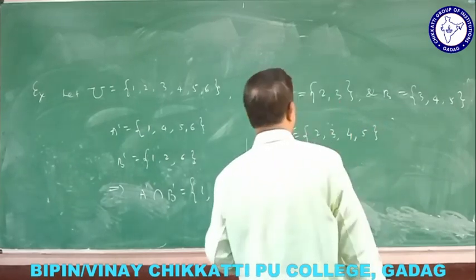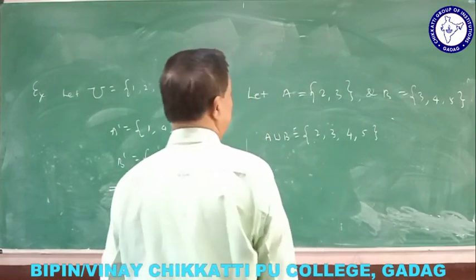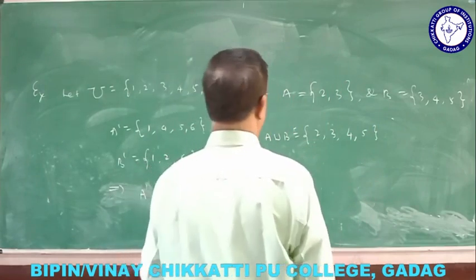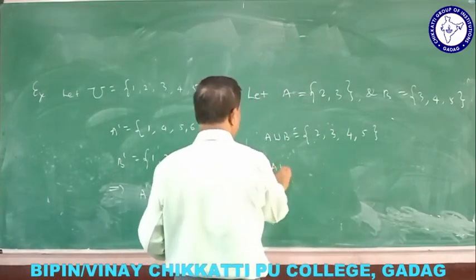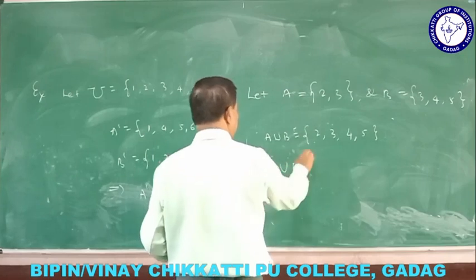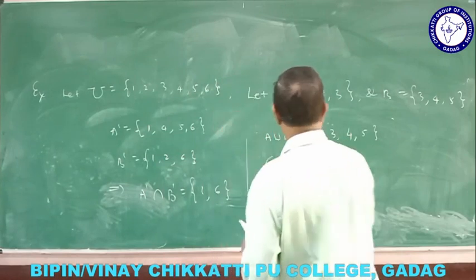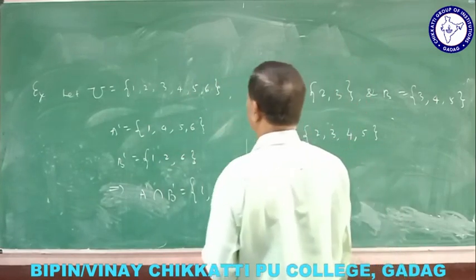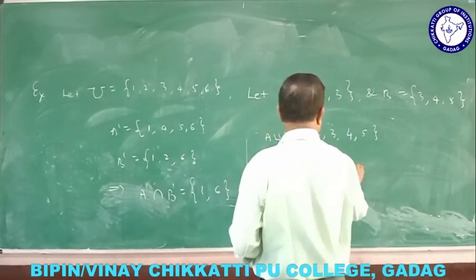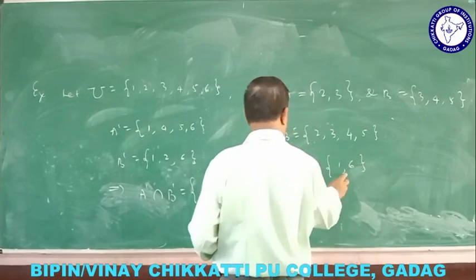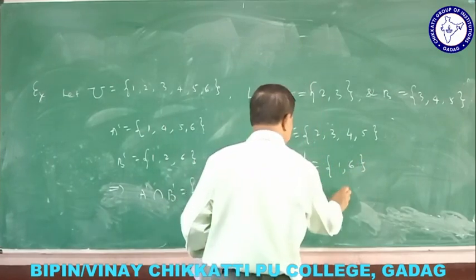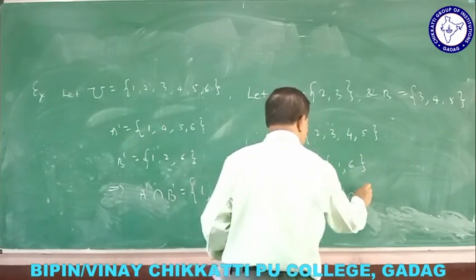So what is the complementation of A union B? The elements which are in U but not in 2, 3, 4, 5, so you have got 1, 6. And 1, 6 is here also. That is nothing but A dash intersection B dash.